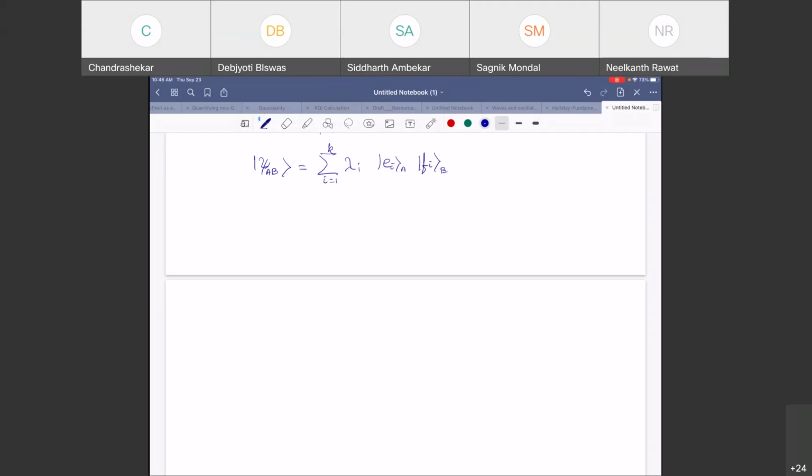So let's move on to the applications of the Schmidt decomposition. One of the usefulnesses of the Schmidt decomposition is in finding the entanglement in the system.